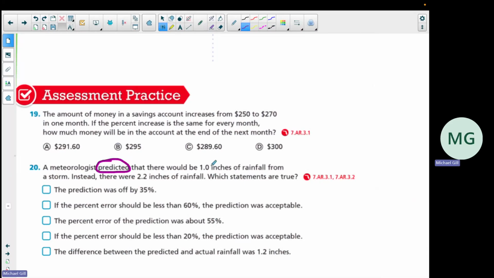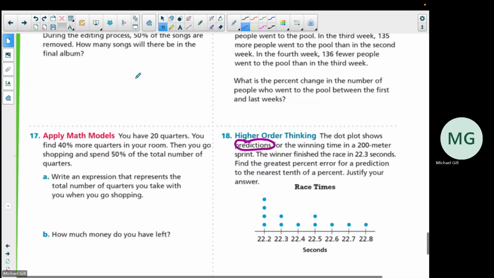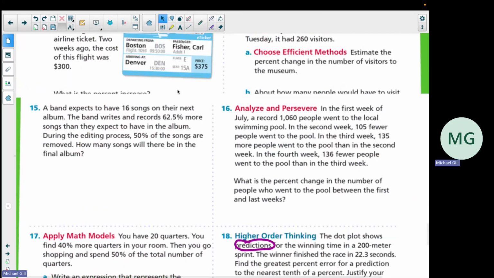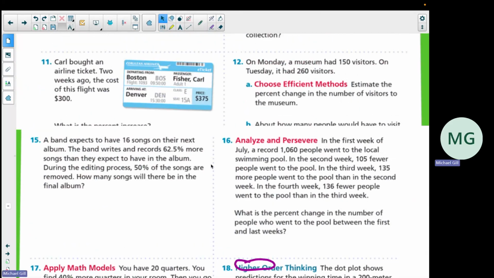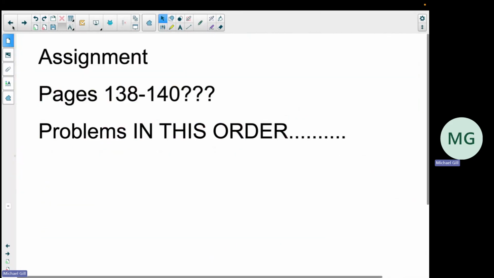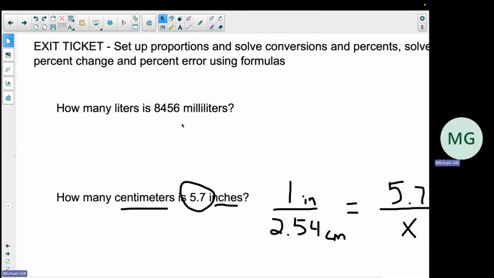If they predicted there would be 1 inch, that's the estimate. Instead, they actually got 2.2 inches. So something like that is what I'll do for them. Because that other one was tricky, and we did problems, like I said, where using that concept of it being a physical thing worked well, but in that one, it didn't really work well.